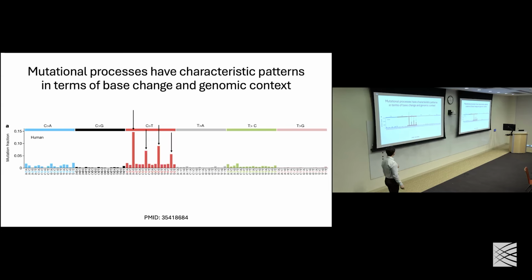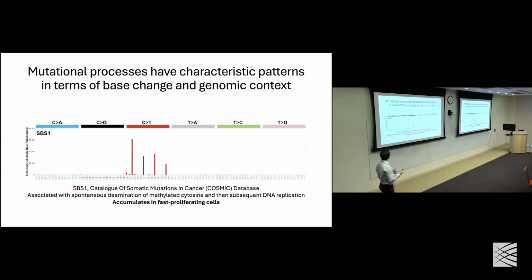And in case this is difficult to see, I'm going to give it away to you and say that these are all at CpG sites. So these aren't just C to T mutations in general. They're C to T mutations when that C is right next to a guanine. And folks who study methylation might already know where I'm going with this.